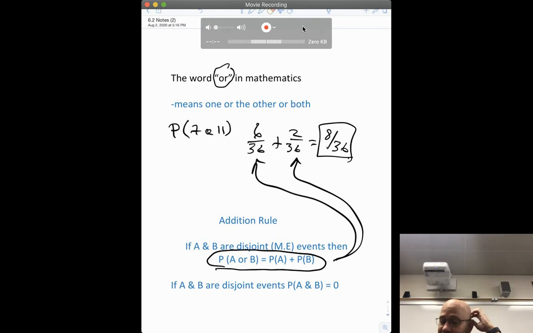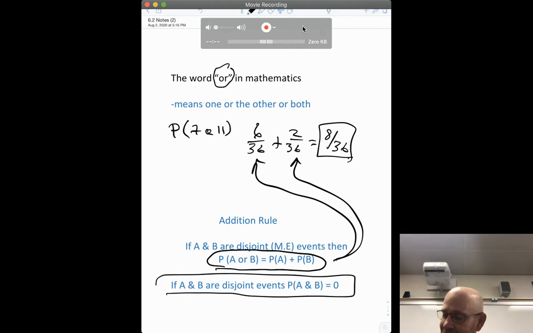So let's just go back and talk about that word disjoint or mutually exclusive again. I've just been saying two things that can't happen at the same time, but the mathematical formula for that is if A and B are disjoint events or mutually exclusive events, the probability of A and B both happening at the same time is equal to 0. They can't happen at the same time.